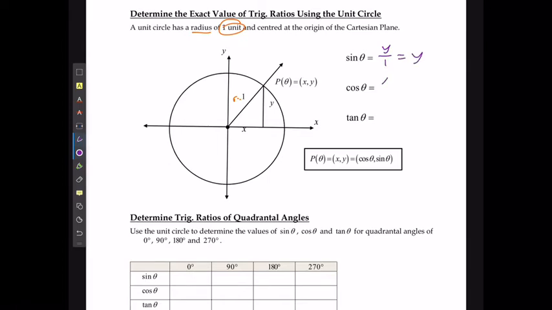Cos of theta is going to be x over 1, which would just be x, and tan is going to be y over x, which, as we've already seen, would be the same as sine of theta divided by cos of theta. So, as long as my r value is 1, x represents cos, and y represents sine.